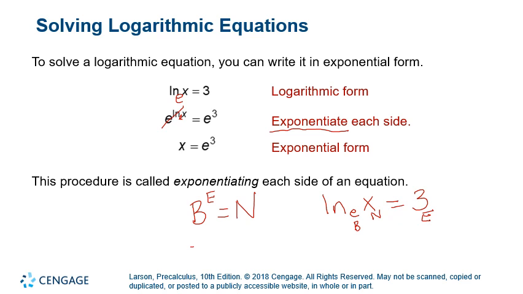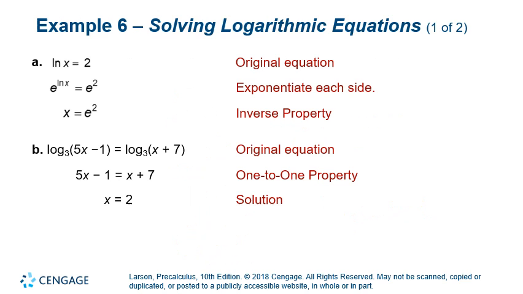My b is e, little e. My e for the exponent is 3. And my number is my x in this case. Simply by rewriting it, I got it. So sometimes you don't have to go to that process of exponentiating. You can simply move from logarithmic to exponential form, and it'll take care of that for you.